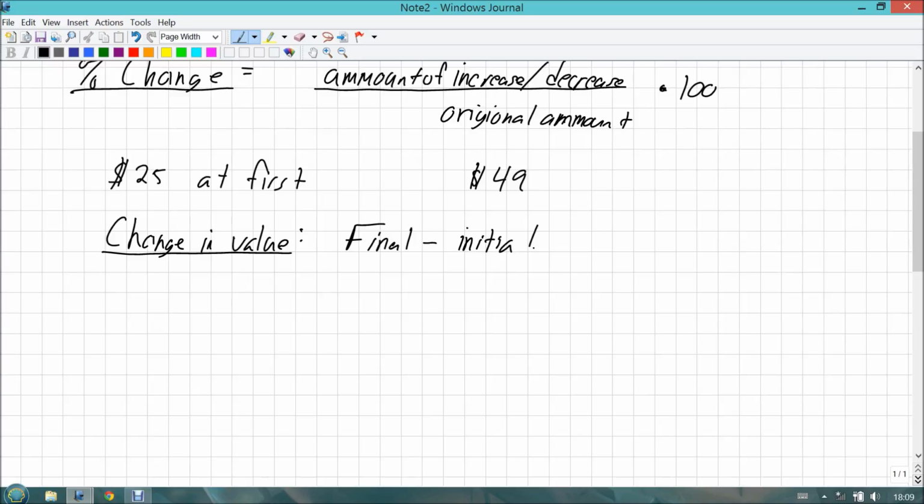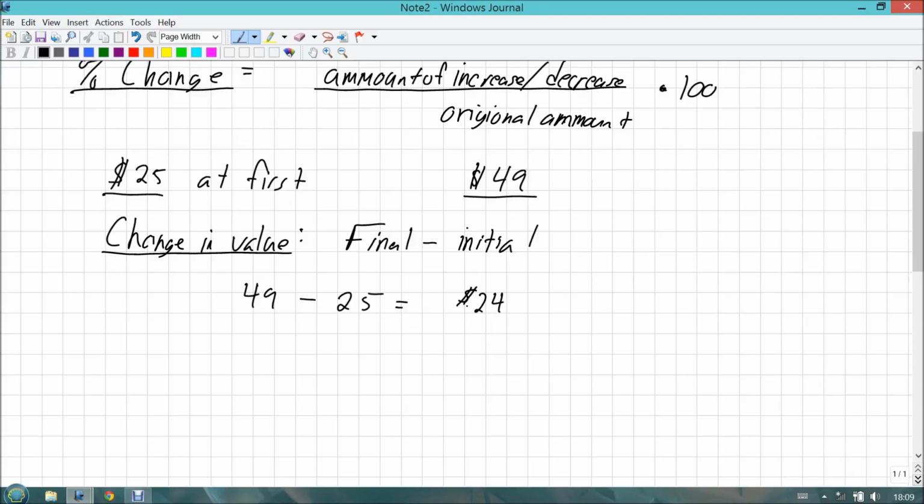That would be 49 minus our initial, which was 25. Doing that super fast in our head, 4 minus 2 is 2, 9 minus 5 is 4. So the final minus initial is a $24 swing. So it's $24 more expensive.